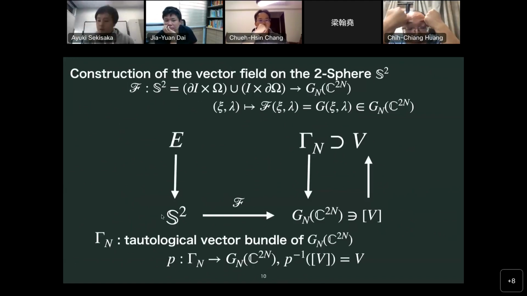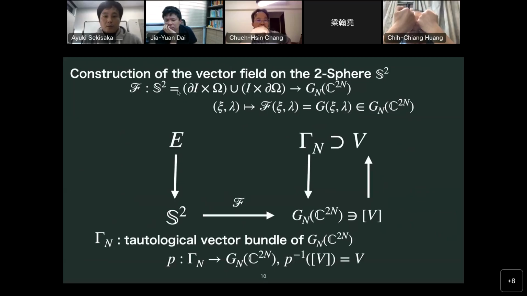Also, since we consider the space variable xi in the closed interval from minus infinity to infinity, lambda is in omega. Omega is homeomorphic to a two-dimensional disk, so we can obtain a vector field on the two-dimensional sphere, the two-sphere, as follows.